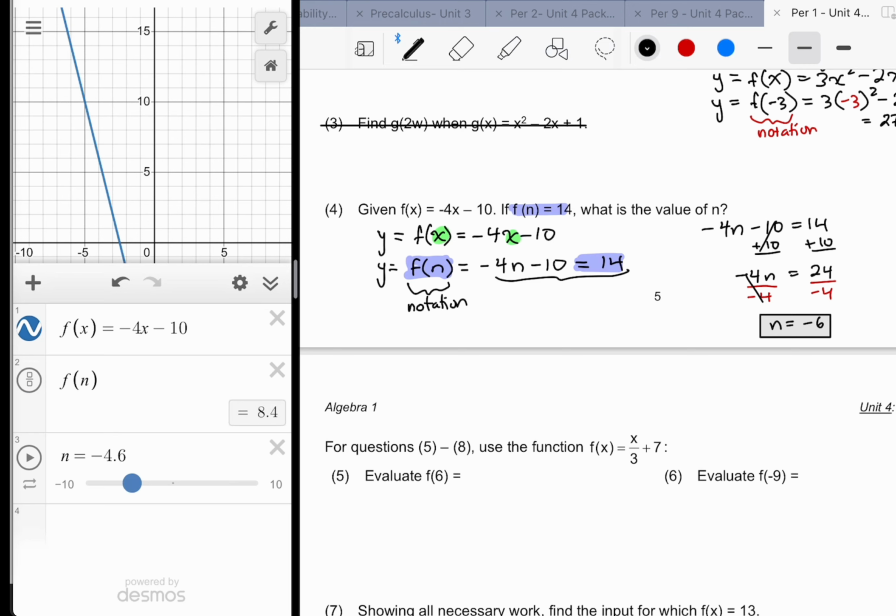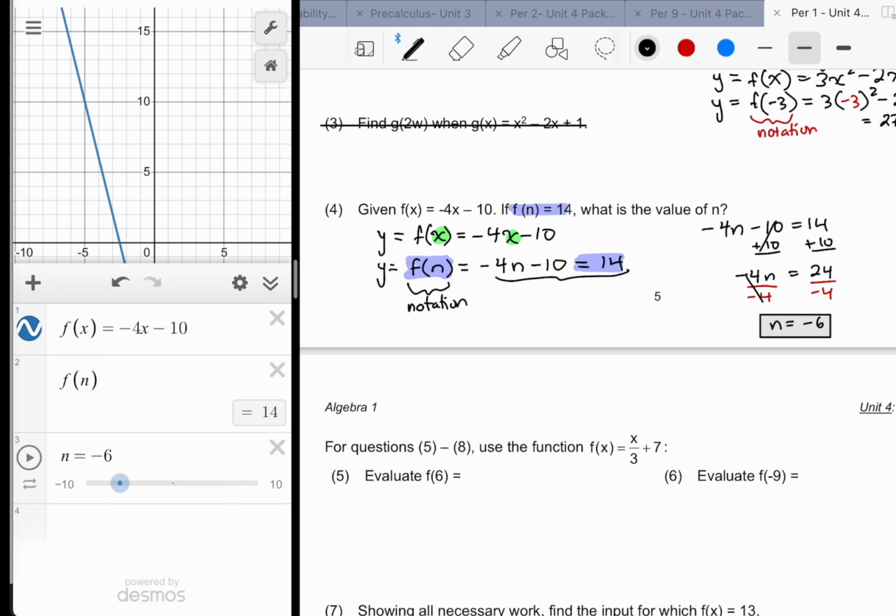Now, I had an idea that it was around negative 6, but even if I didn't, I would see that it was trending in that direction. As I got more and more negative for n, the values got more and more positive for f of n. So once I get to negative 6, I get the desired value of 14, and there we go.